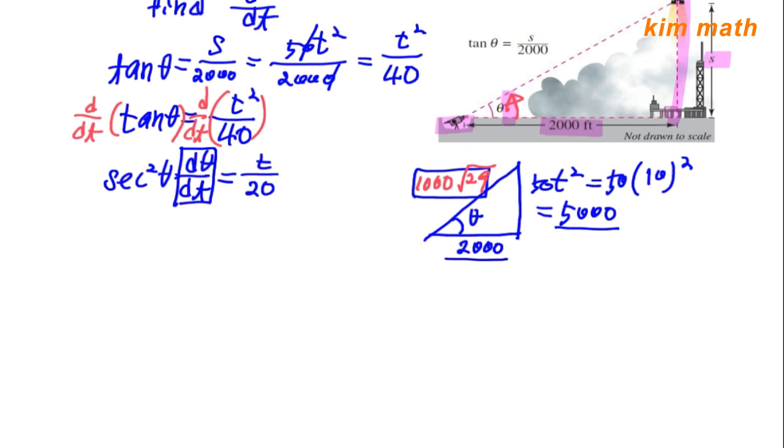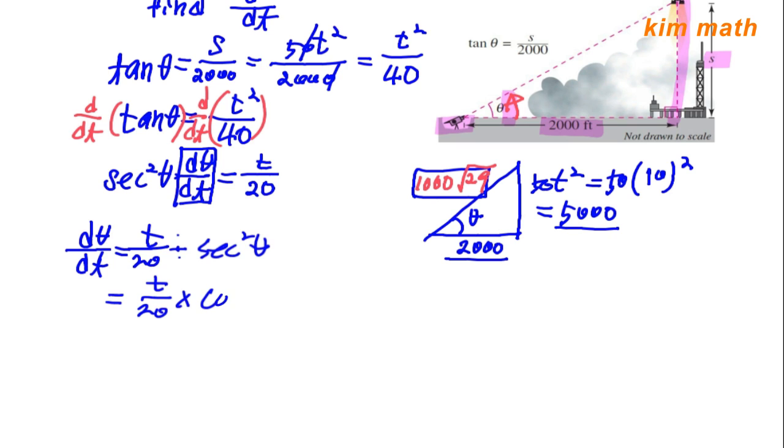Now back to here. d theta/dt will be t over 20 divided by secant squared theta. And secant is the reciprocal of cosine, so instead of dividing by secant squared theta, we can multiply by cosine squared theta, right?